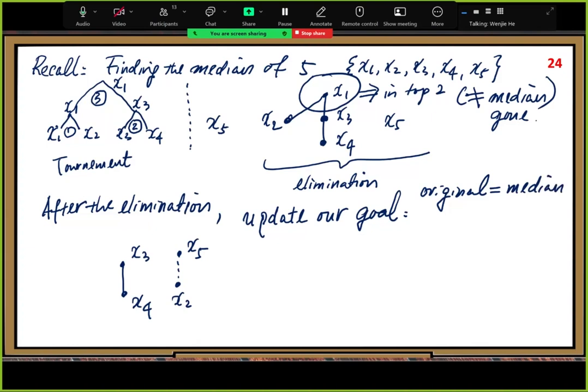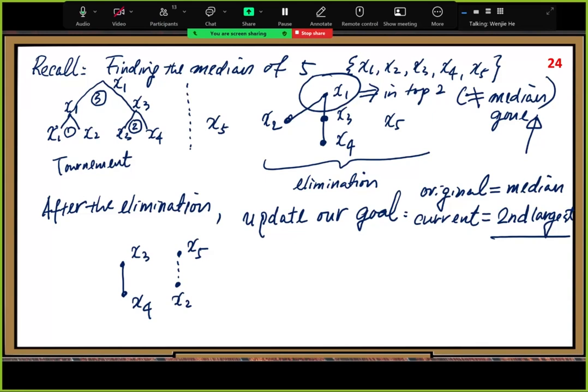But after the elimination, we did 1 elimination. Because the original median becomes the second largest, since you remove 1 element in the top 2, the current goal becomes finding the second largest.